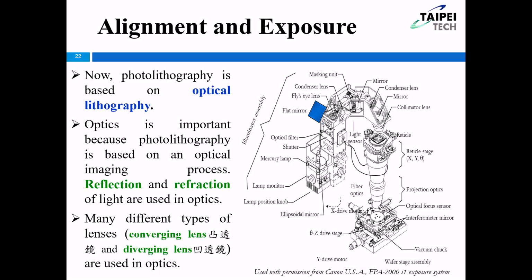If we are talking about commercial products like the IC fab, of course they need to use optical lithography, because they cannot waste too much time after finishing all of these processing steps. So that's the reason in industry they cannot use electron beam lithography.